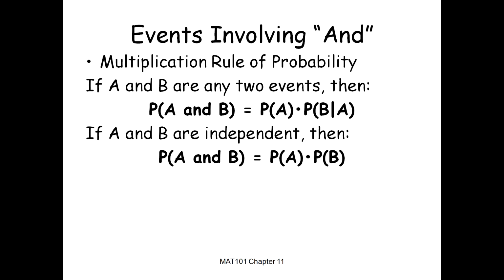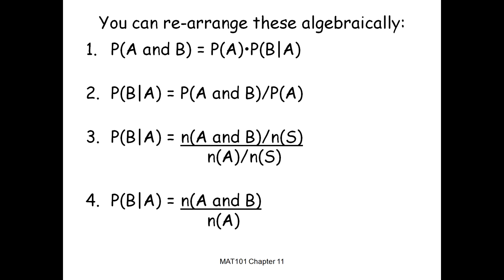So if you have any two events, A and B, the probability of A and B is the same as the probability of A times the probability of B given A. And if A and B are independent, then the probability of A and B is equal to the probability of A times the probability of B. Let's look at the fact that these can be rearranged algebraically, and we can determine some calculations based on this.